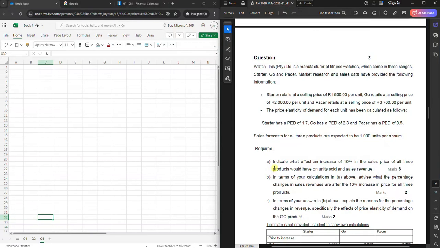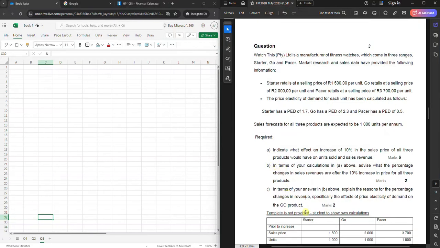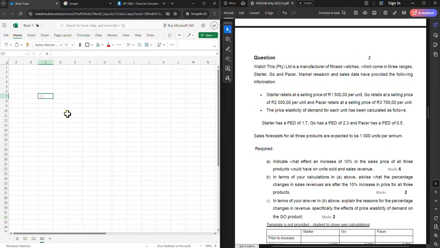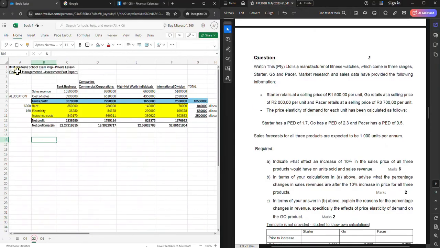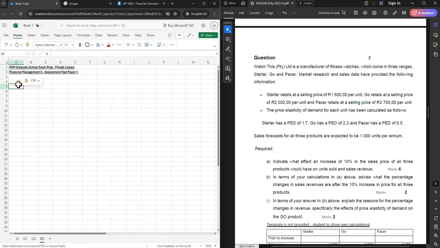Okay, that's fine. All right, so I see they've given you a temp... Oh, the template is not provided. Okay, so you can actually show this however you want. It's up to you. Obviously there's three different products or three different departments, whatever it is. Let's just see what we have. Watch the Space Limited is a manufacturer of fitness watches which come in 3 ranges.